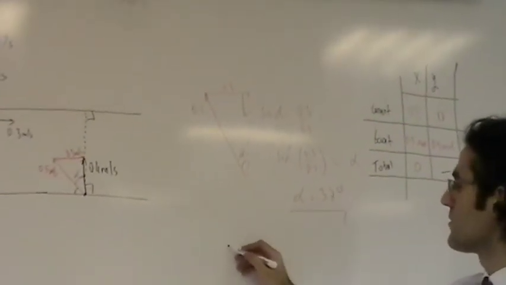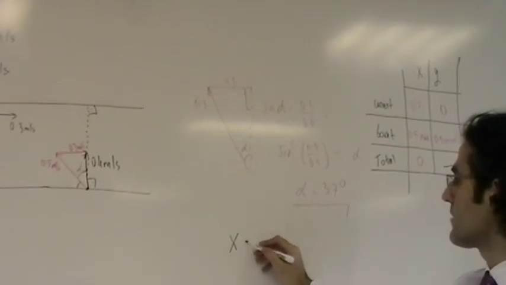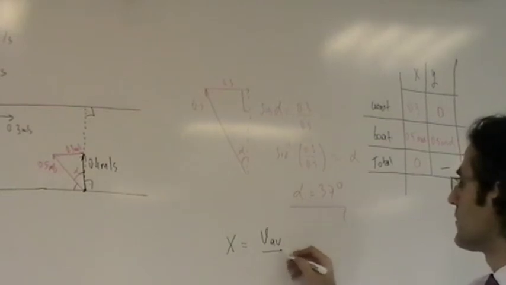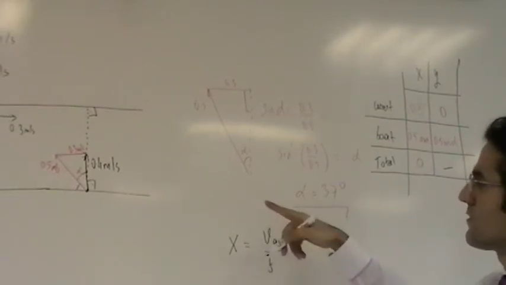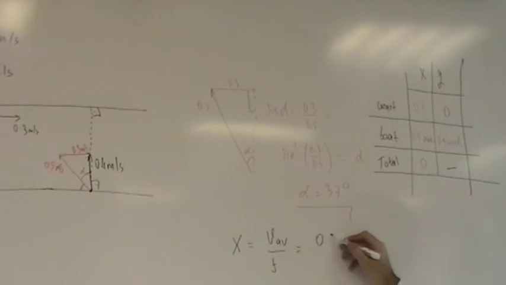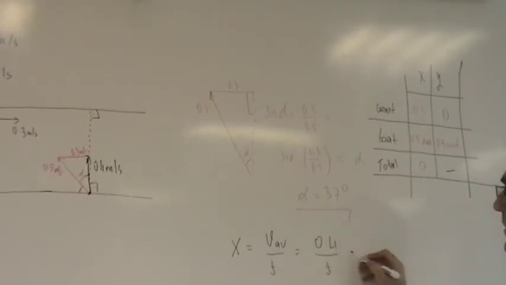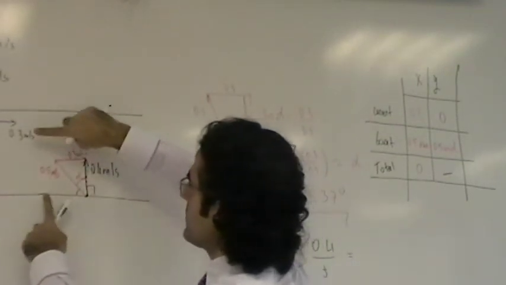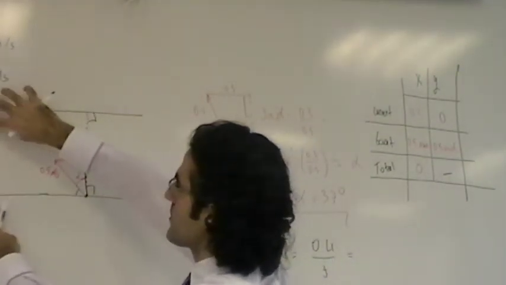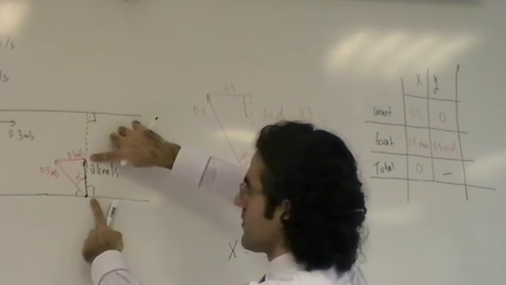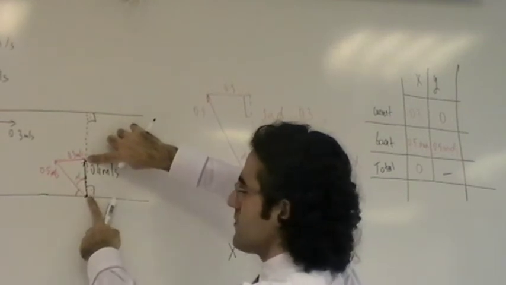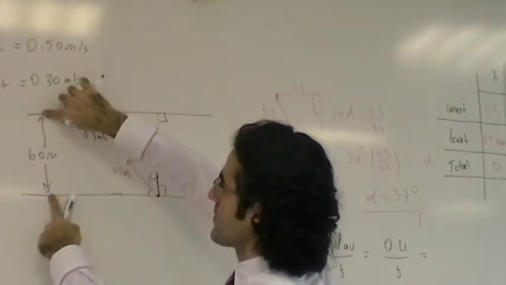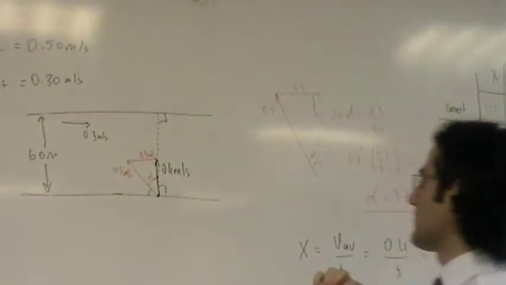The simple equation of motion, where x can be found by average velocity over time. In this case the velocity is constant, which is 0.4. I am considering only this velocity vector, which is in the same direction as the displacement vector, which is 60 meters here.